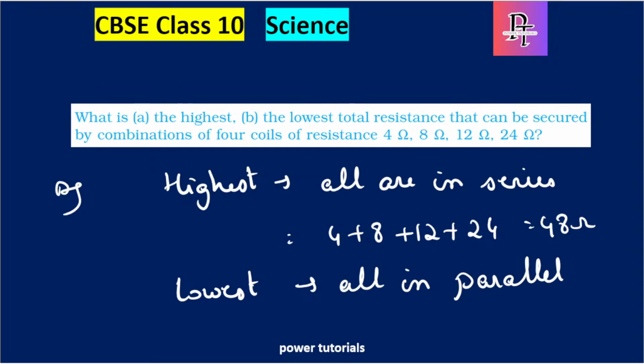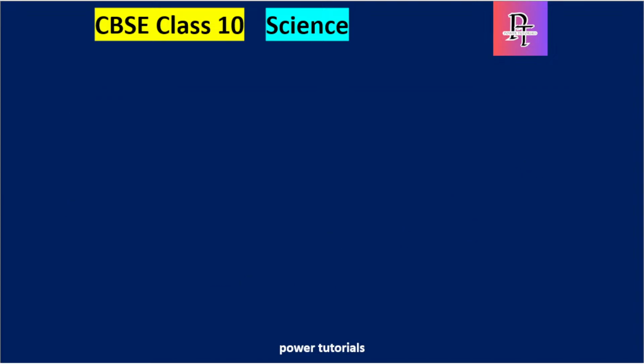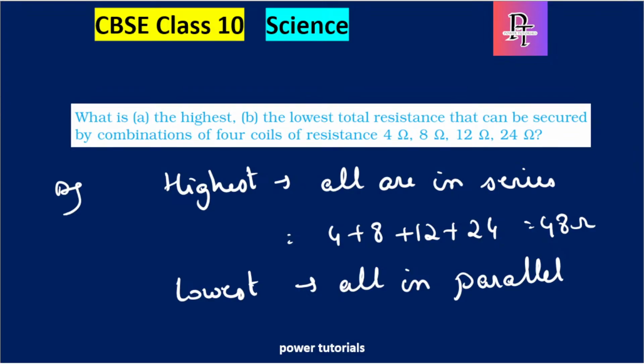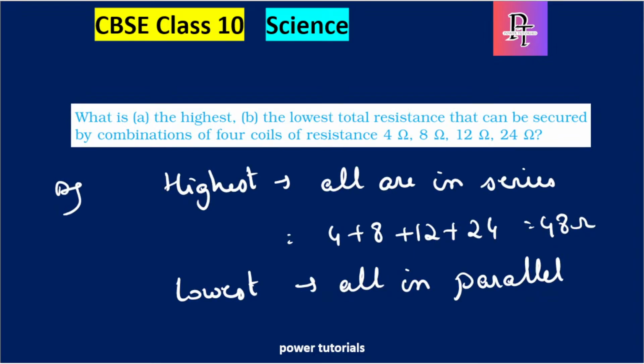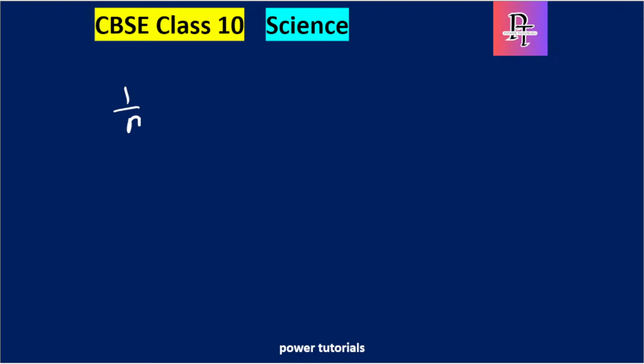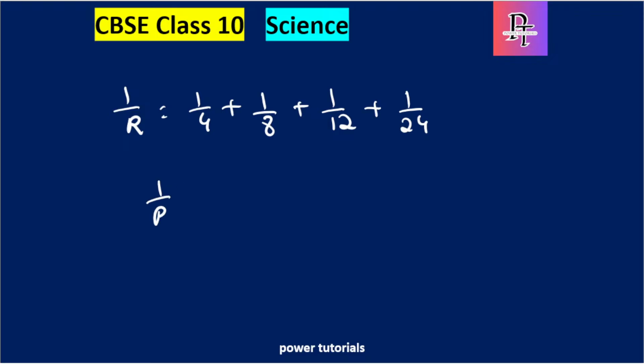Okay, so let's find out all in parallel. So what are the resistors? 4, 8, 12 and 24. Okay, so let's take 24 as the LCM.